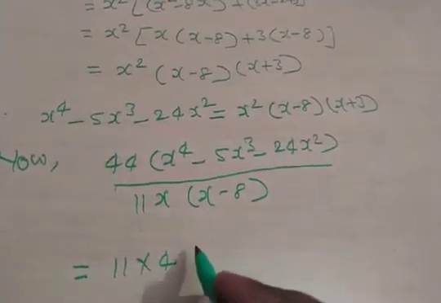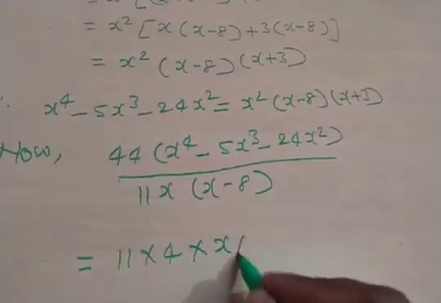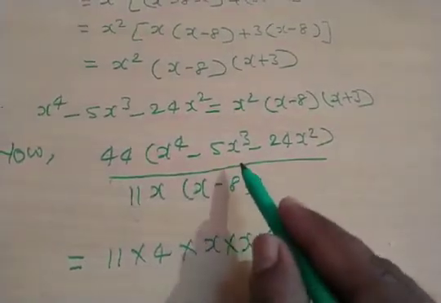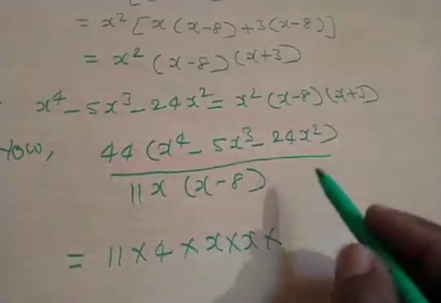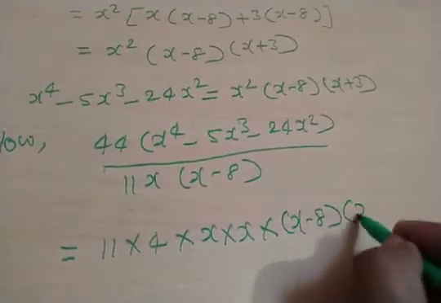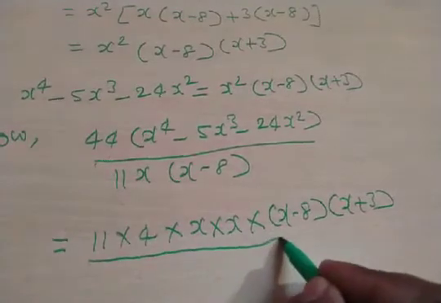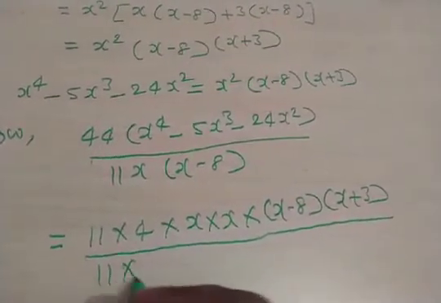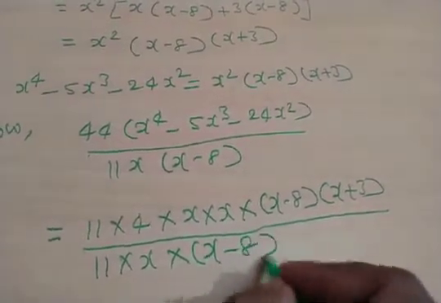And x square we can write as x into x, into the factorization we solved here, so it becomes x minus 8 into x plus 3. Okay, and divide by 11 into x into x minus 8.